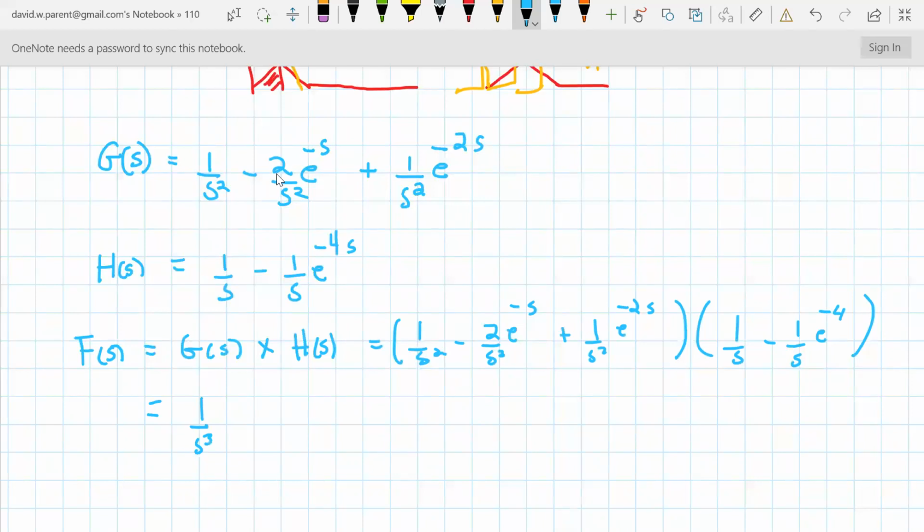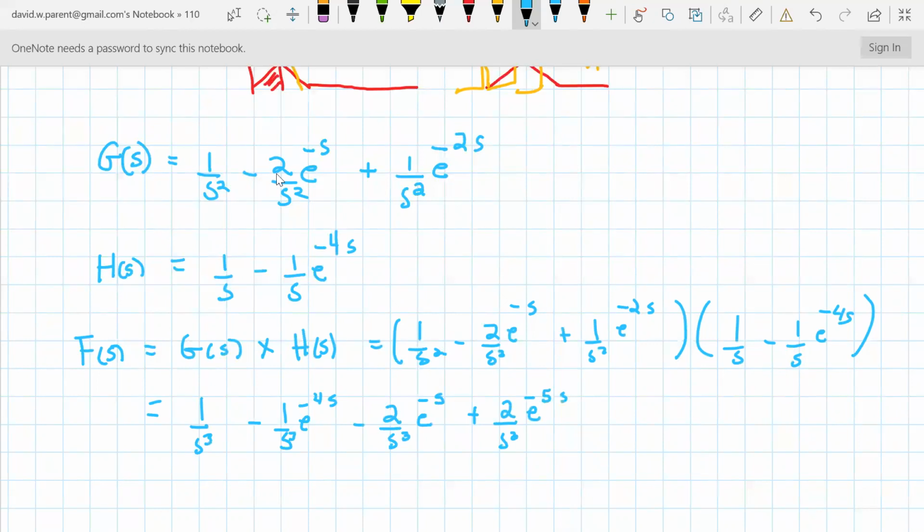Then I get minus 1 over s cubed e to the minus 4s, right? Here I get minus 2 over s cubed e to the minus s. Then I get plus 2 over s cubed e to the minus 5s, that's 1 plus 4.